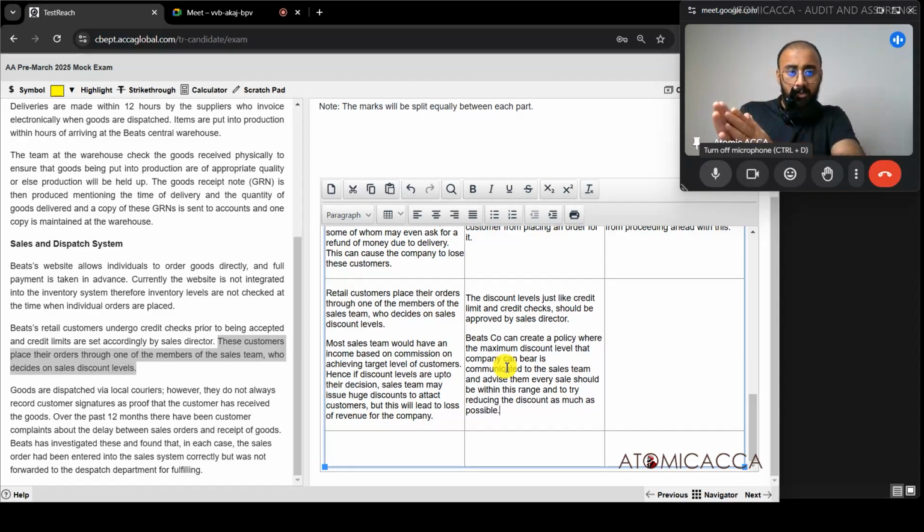So maximum is told, you're advising them reduce it as much as possible, but maximum only up to this limit. So this is a new policy that we are suggesting them to implement.